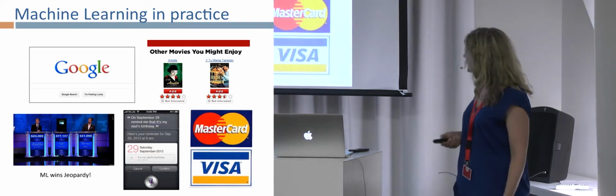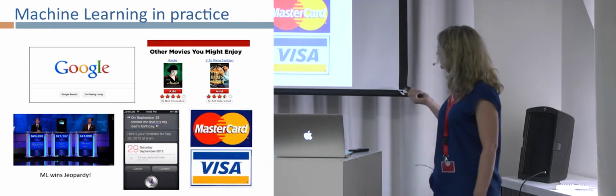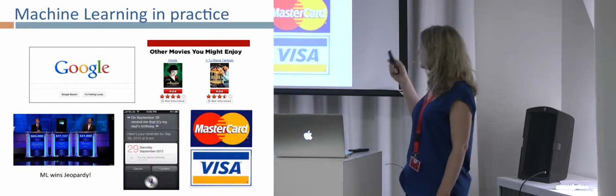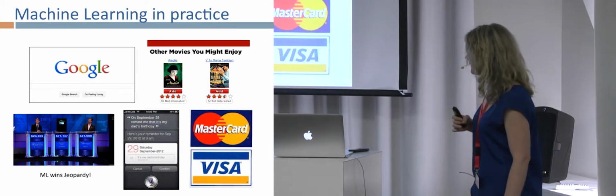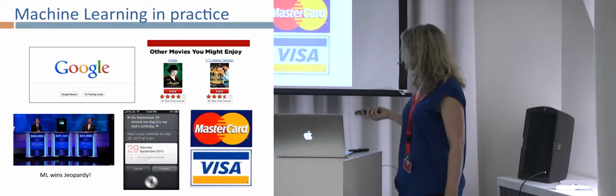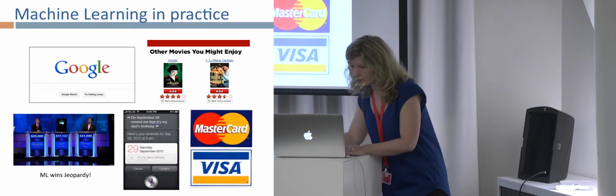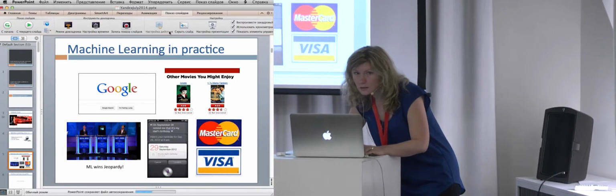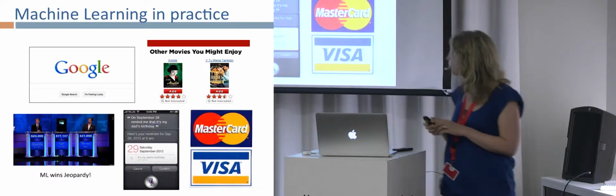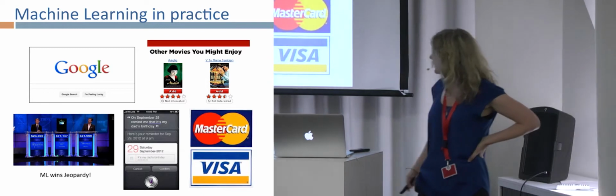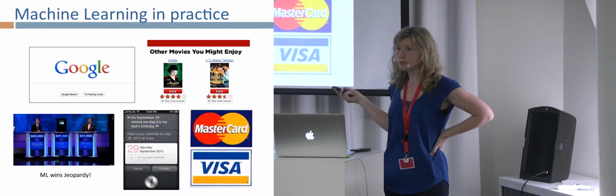So where do we find such data? Or rather, where do we find examples of machine learning? Most of you, I'm sure, are familiar with a lot of these existing applications of machine learning, not to images, but to other domains. So for example, recently, machine learning was able to beat a human at the Jeopardy game, answering questions.